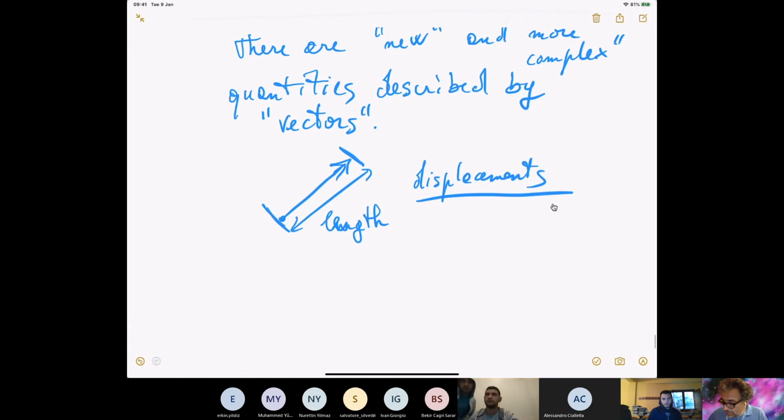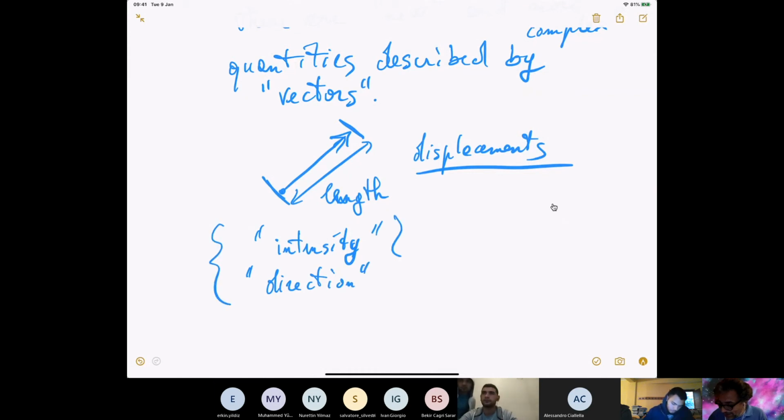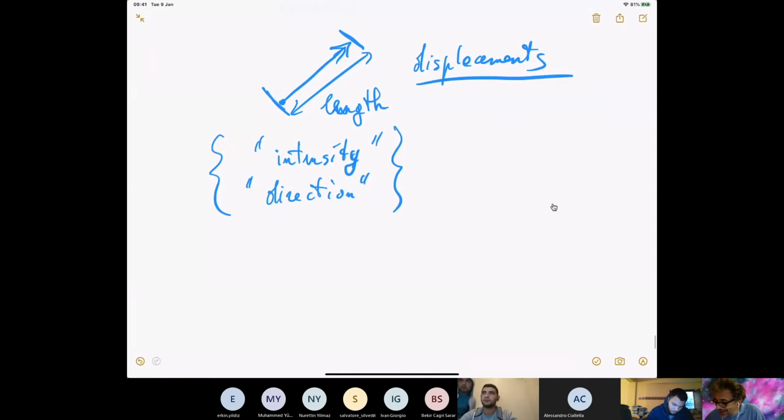You need to give an intensity and a direction for describing these more complicated quantities.